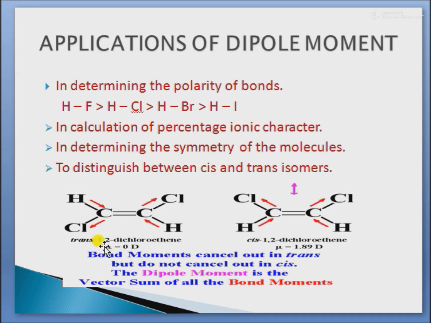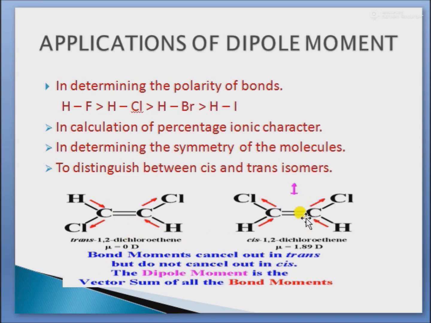In case of trans isomers, the net dipole moment is zero because the dipole moments of chlorine, chlorine and hydrogen, hydrogen are opposite to each other and they cancel the effect of each other. That's why their dipole moment is zero.